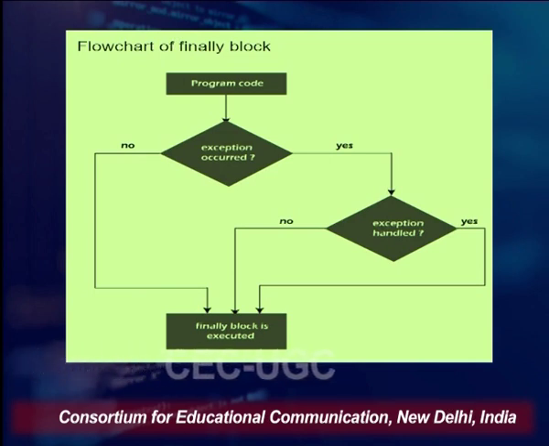Exception generated but not handled, then also the finally block will execute. And even if the exception is not generated at all, not raised at all, then also the finally block is executed. This whole process is shown here with the help of a flowchart.